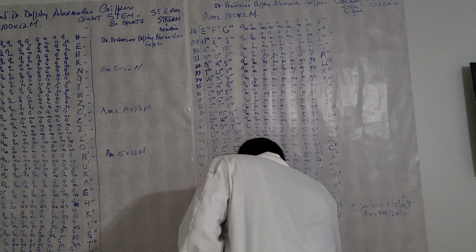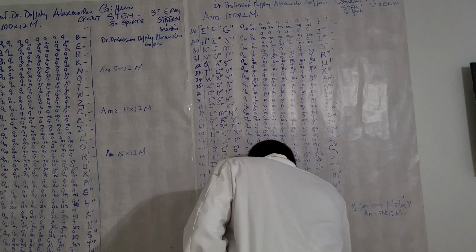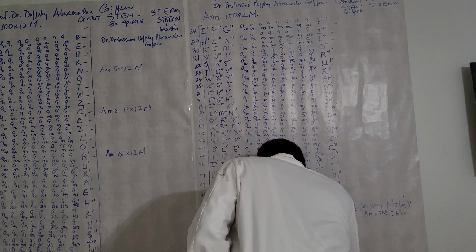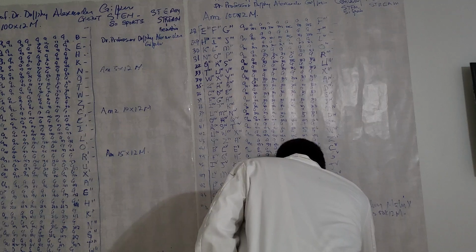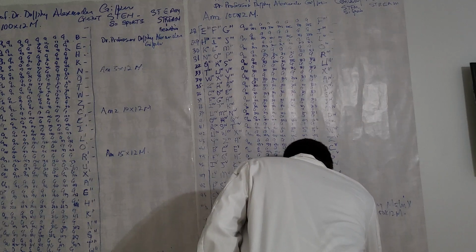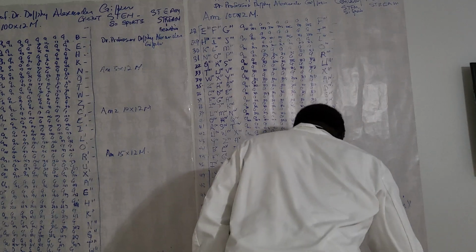So we have A 52 2, A 52 1, A 52 2, A 52 3, A 52 4, A 52 5, A 52 6, A 52 7, A 52 8.